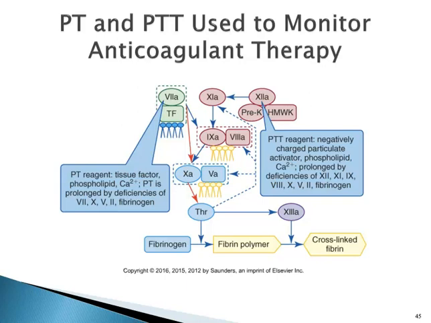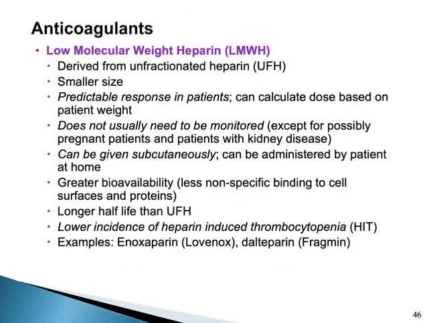So here's a recap of our common anticoagulants. We use the PT to monitor warfarin or Coumadin therapy, which is typically an oral therapy, and the APTT to monitor the therapeutic ranges for people that are on unfractionated heparin or low molecular weight heparin.